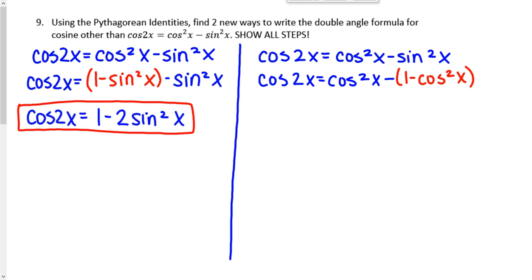Now you've got a minus sign in front of the parentheses, so what do you know is going to happen with that minus? Distribution. So this one kind of has one extra step, not a big deal.